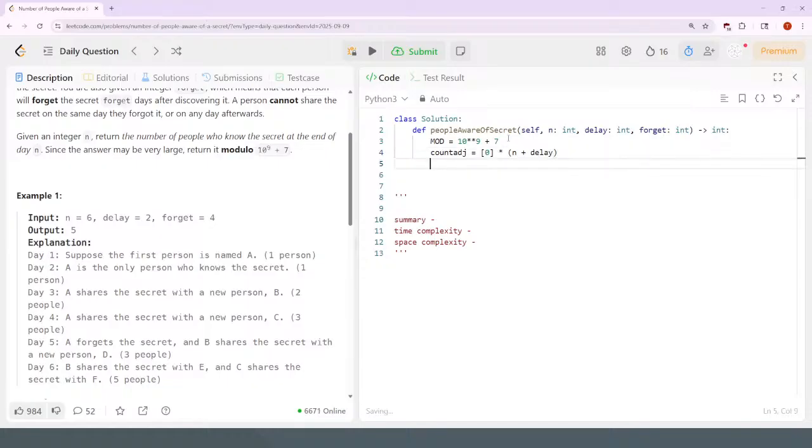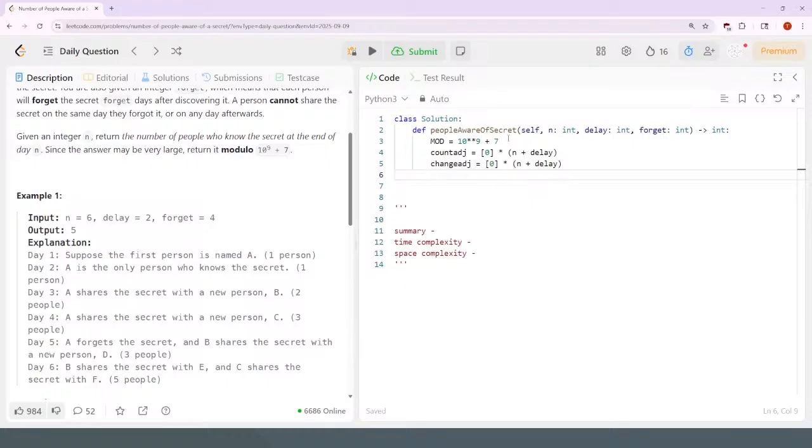And then change adjustment is also going to be 0 times n plus delay, maybe. I should probably simulate what I'm thinking with the actual data first, but this seems simple enough that I think I can work with that.